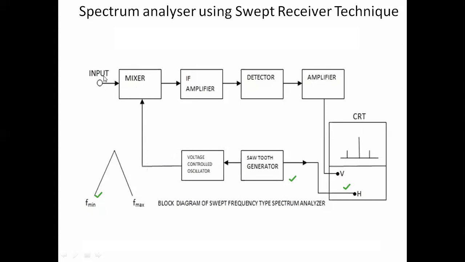Here we apply the input signal. The mixer mixes them and produces the intermediate frequency amplifier input. The signals present here are fed with the voltage controlled oscillator signal.